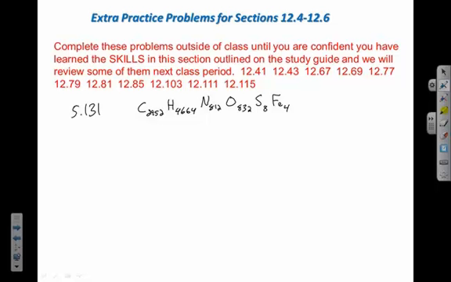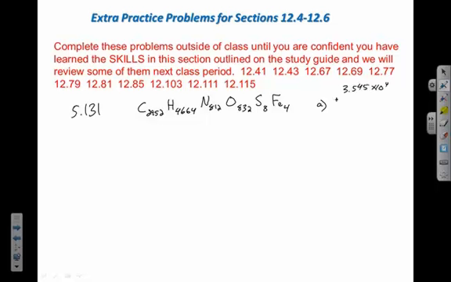So we want to calculate its molar mass. We need to multiply the masses on the periodic table times the number of atoms we have of that element. So 12.01 for carbon times 2,952 gives me 3.545 times 10 to the fourth.